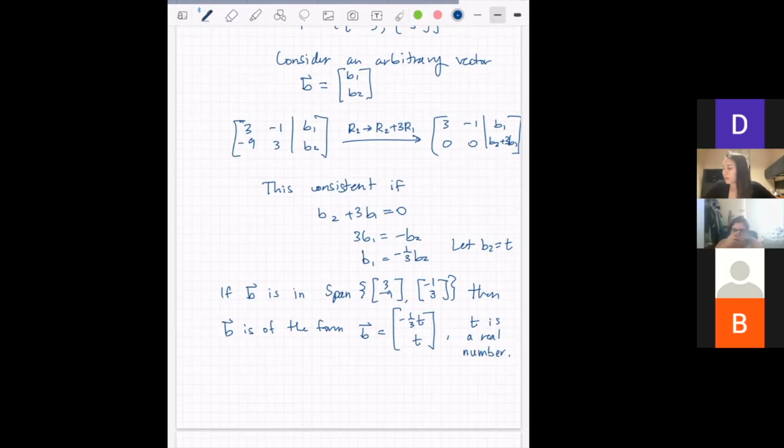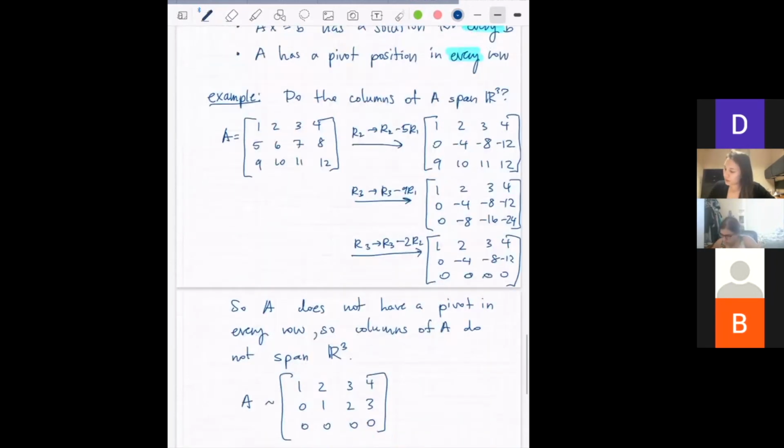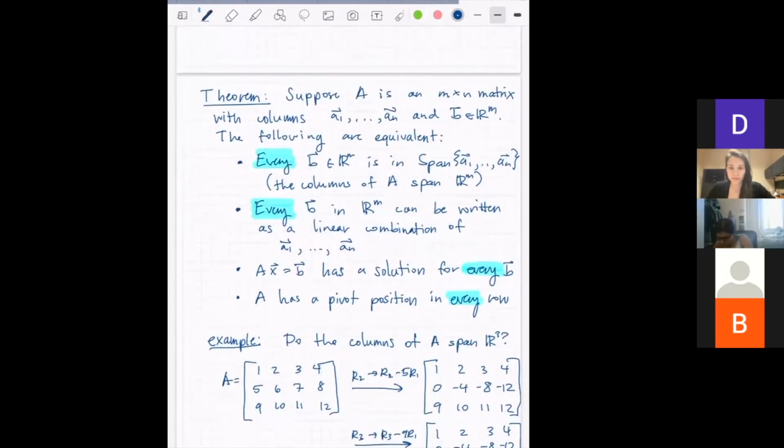Okay. So I have one quick question. If you go back to the theorem, the equivalent statements. Yeah, this one. So I get the first three, but I don't really get how the matrix A has to have a pivot position in every row.